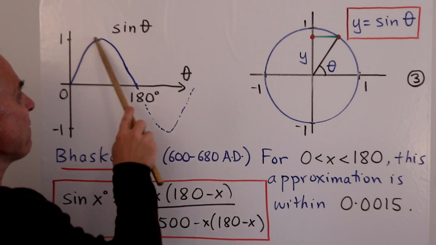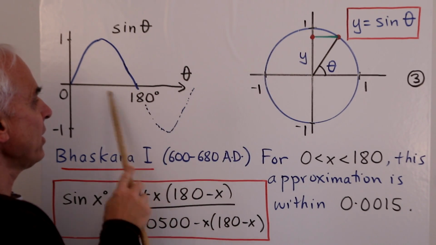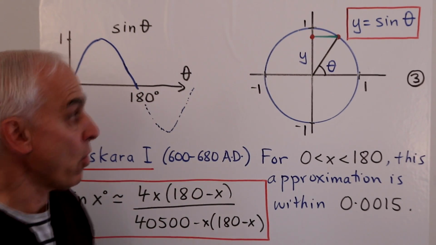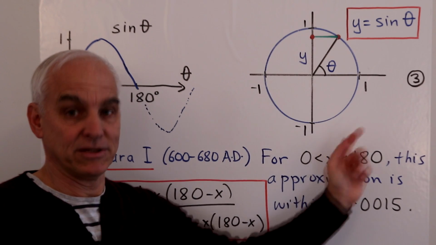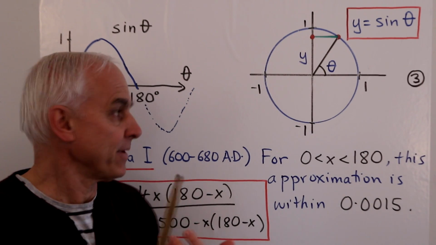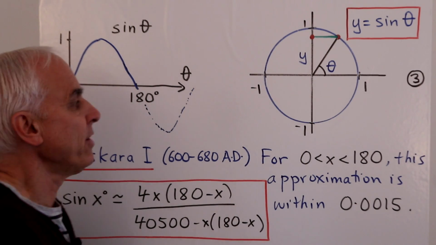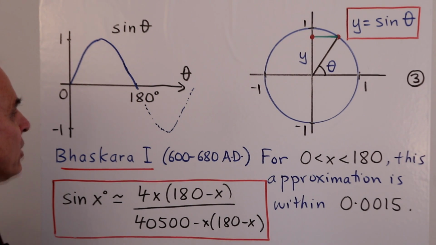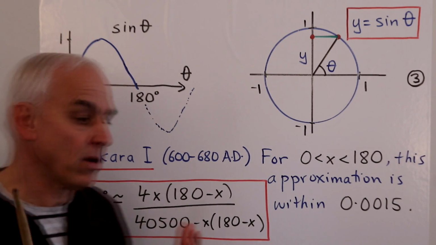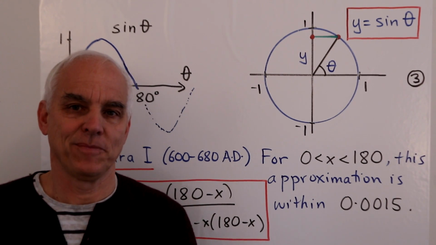This is the graph of the y coordinate with respect to the angle, or in this case, almost with respect to time. It's really a time kind of thing if we were imagining a uniform kind of motion around the circle. So here is the classical graph of the sine function.